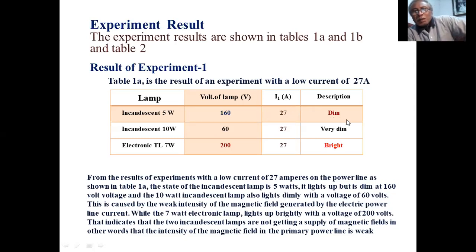Description: dim. An incandescent lamp of 10 watt has 60 volts, very dim. The electronic lamp 7 watt has 200 volts. The description is bright.